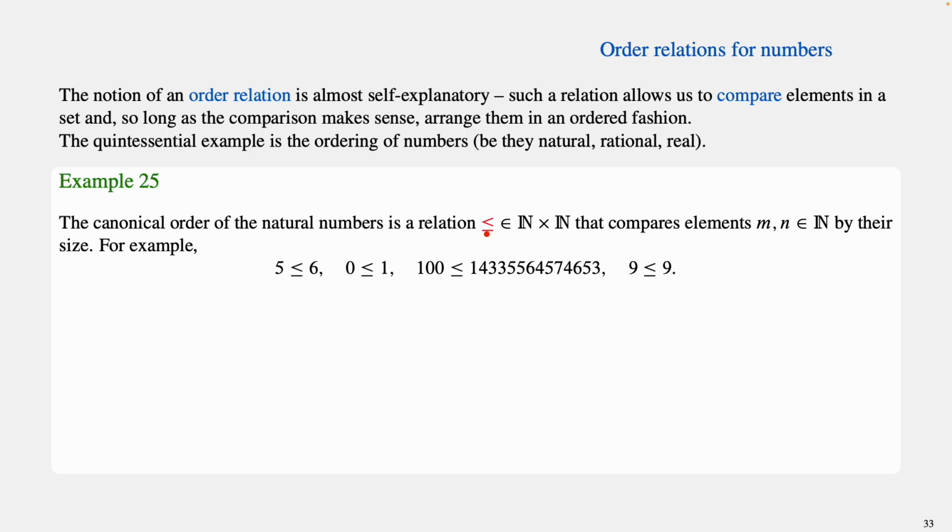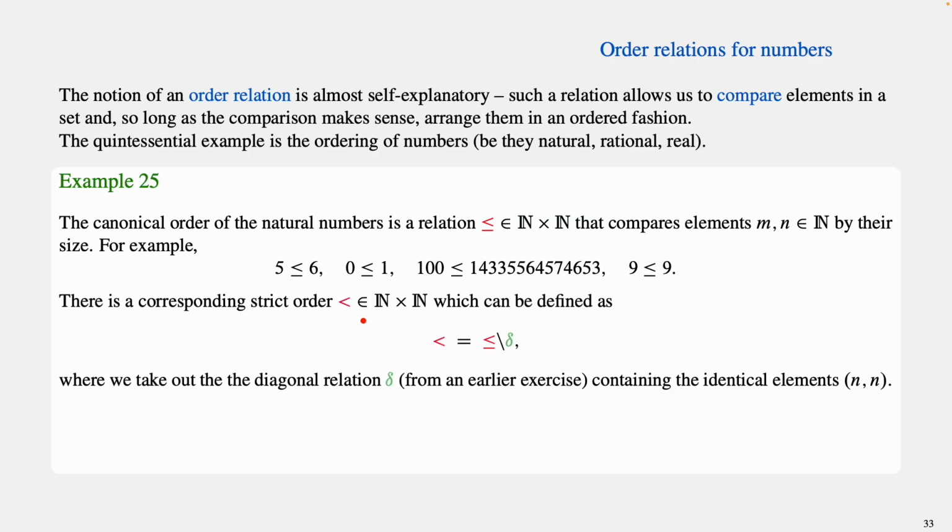And I will do this with the other order relations as well. Now we can compare two elements m and n in the natural numbers by their size. And for example, 5 is less or equal to 6. So 5 is related to 6 in this sense. 0 is less or equal to 1. 100 is less or equal to whatever this number is. And 9 is less or equal to 9.